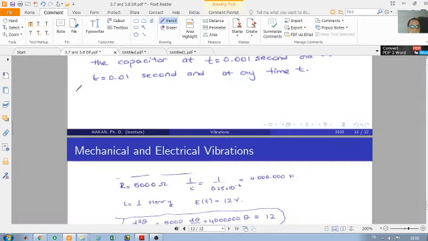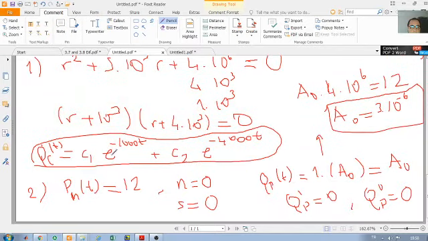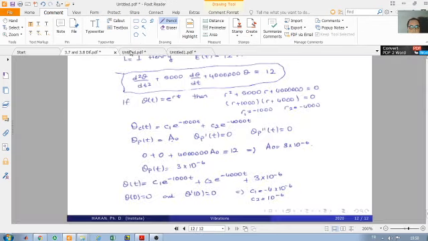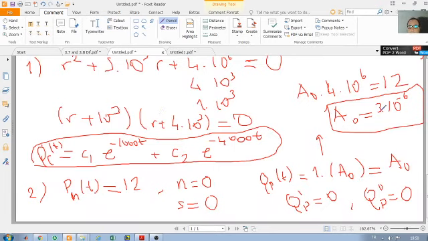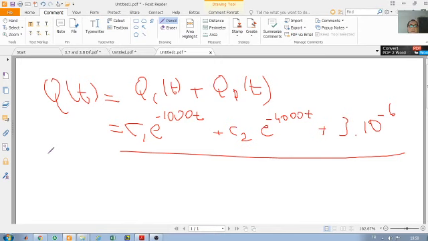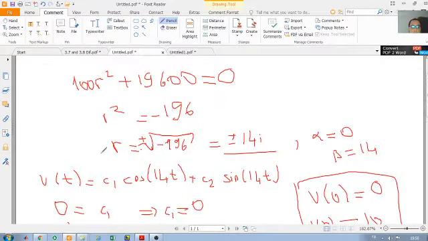So from here we have C1 times exponential minus 1000t plus C2 times exponential minus 4000t plus the particular solution, which is 3 times 10 to the power minus 6. Okay, this is the solution of the differential equation, and we know the initial conditions, I guess.